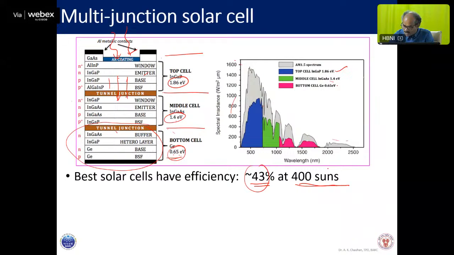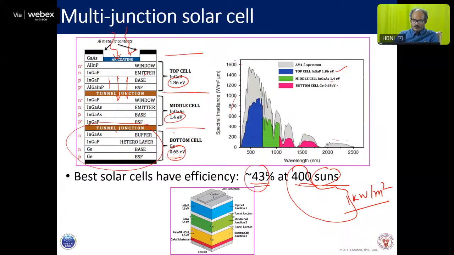At 400 sun, one sun is how much? I have already told you, 1 kilowatt per meter square. So how much light are you actually providing at that point? It is 400 kilowatt per meter square. This is a typical solar cell, see this in 3D.